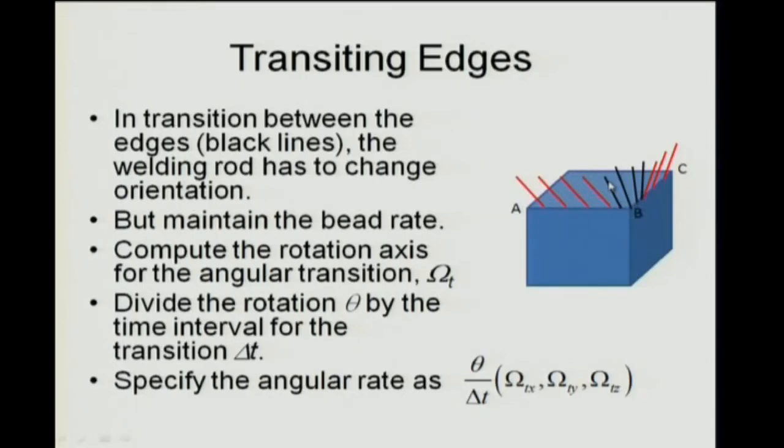Now when I want to do this transition, I still want to maintain the bead rate. So I can keep going, specify a tip velocity to continue here, and then once it comes here I can say, okay, now you change the tip velocity to this, so that my bead rate is maintained. Now the simplest way of programming it is to say, you come till here with this orientation and then you change the orientation.